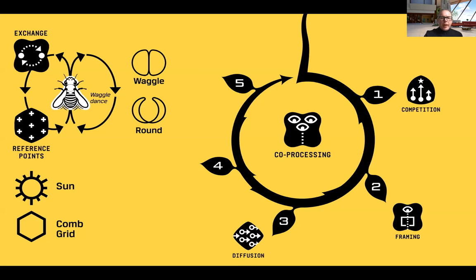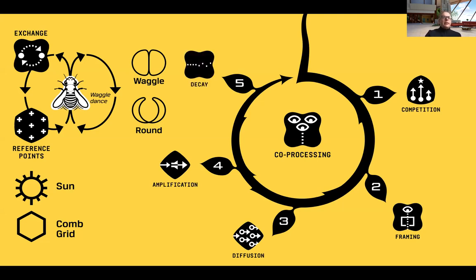There's also a cascading effect where the more bees go and find food at this great spot, the more they'll come back and do that same dance. So it's an amplification of this signal that shows where the honey is.